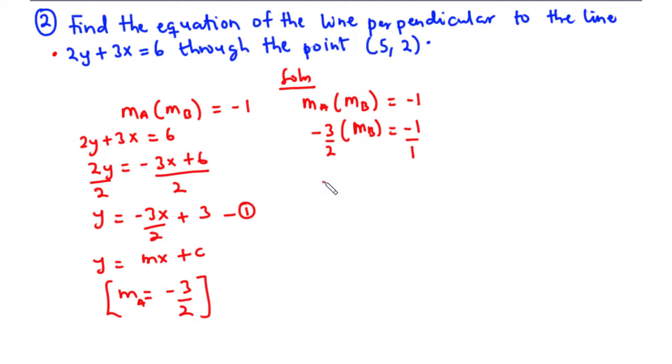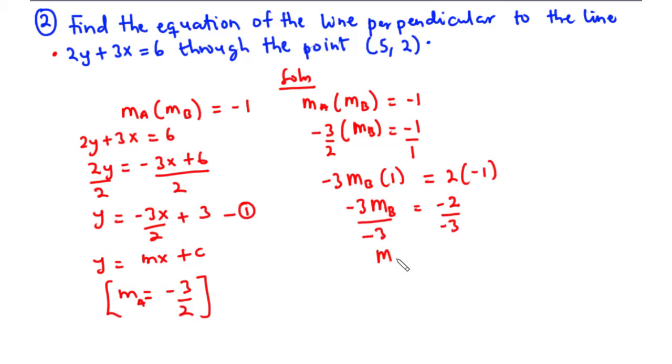So we have -3 MB times 1 equals 2 times -1. So that becomes -3 MB equals -2. So we are going to divide through by -3. And then we have MB equal to 2 over 3. So that is the gradient of the new line we are trying to find.